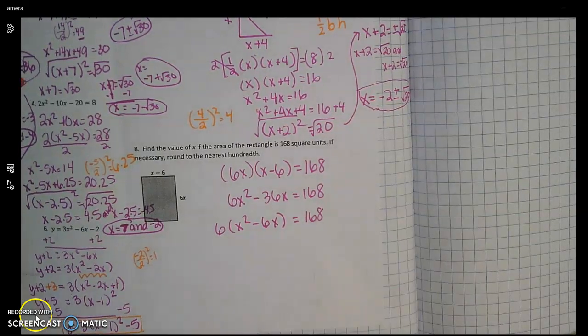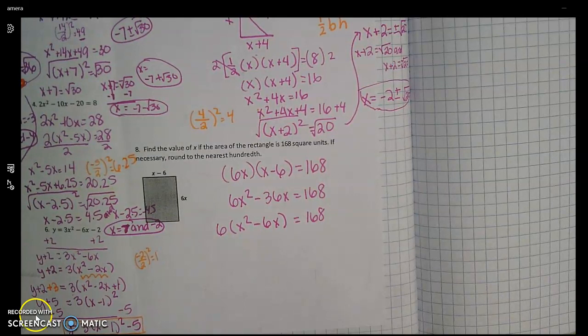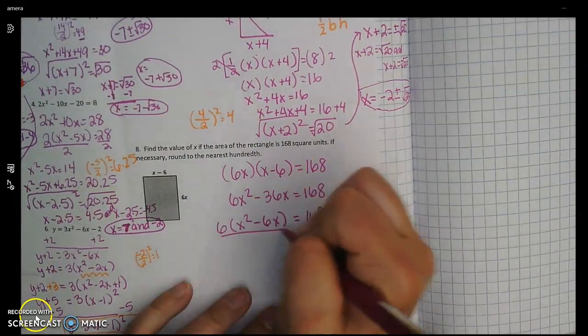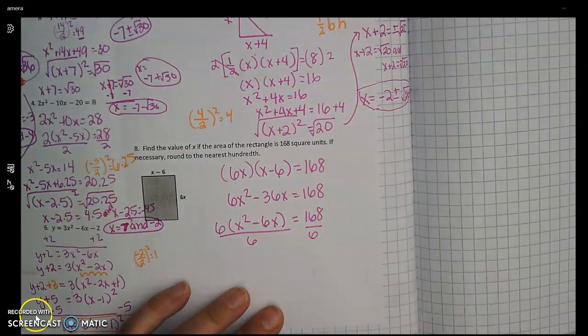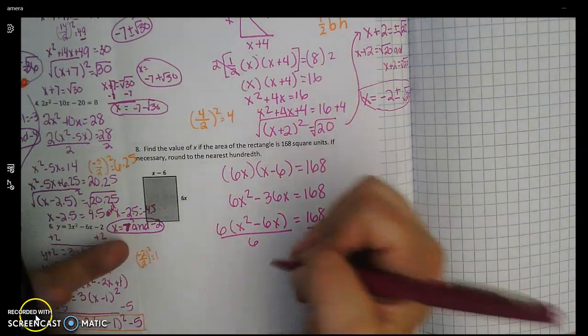And then I'll use my b value to find what c term I need to add to both sides. Oh, actually, before I do that, I should divide out by 6. So 168 divided by 6 is 28.